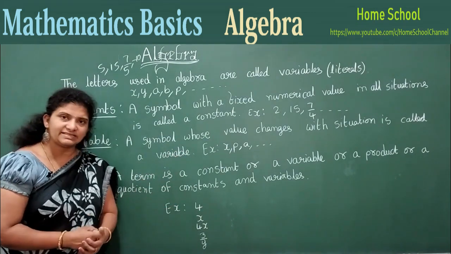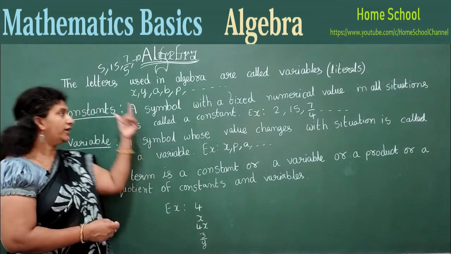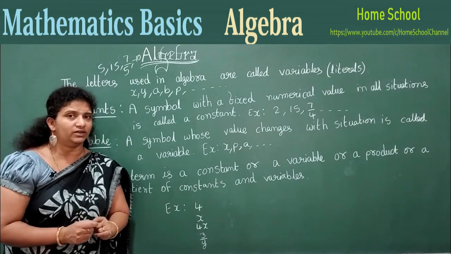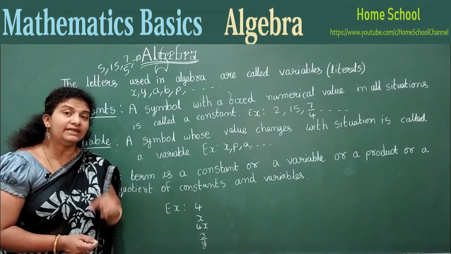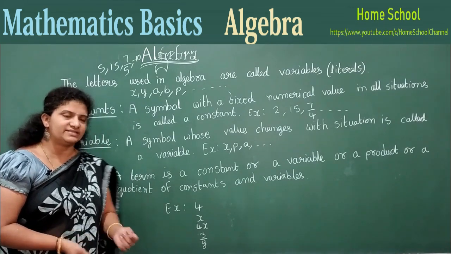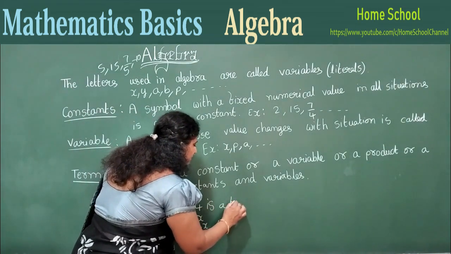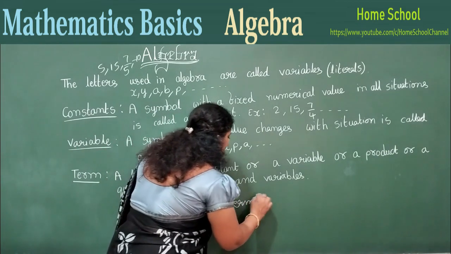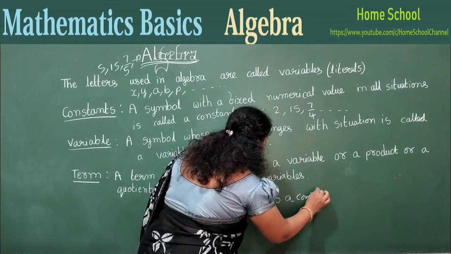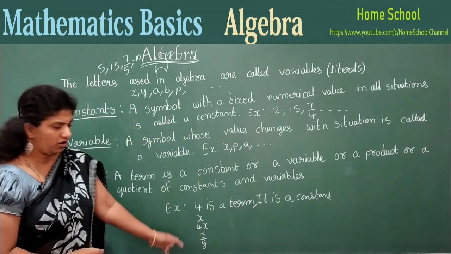So let's see the examples here. What is 4, children? According to these points, you say 4 is a constant number. It is a term. Though it is a number, I call it a term. 4 is a term and it is a constant.